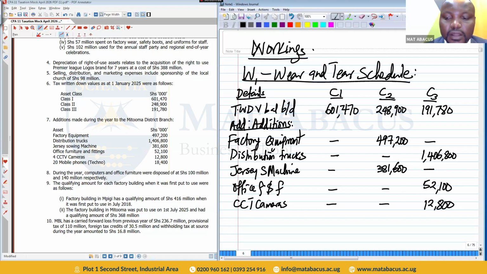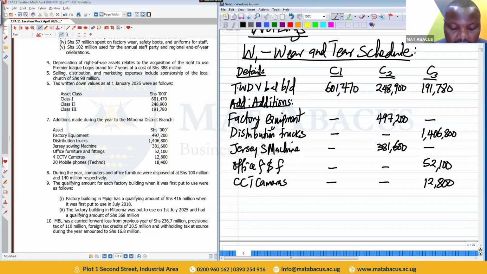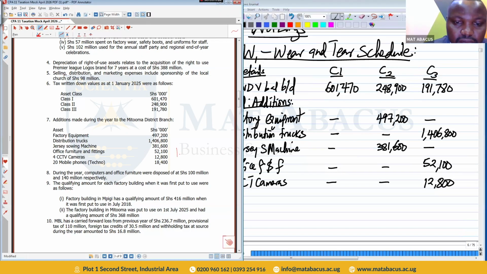Now, what you need to note, examiners sometimes give you assets under additions, but these assets are what you call minor capex. When you look at note 7, they gave you 20 mobile phones. You get 18,400 and divide by 20, and you will get 920,000 for each mobile phone.